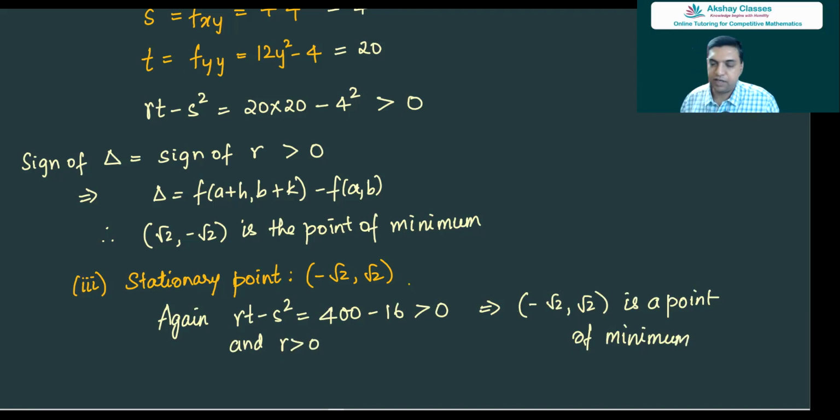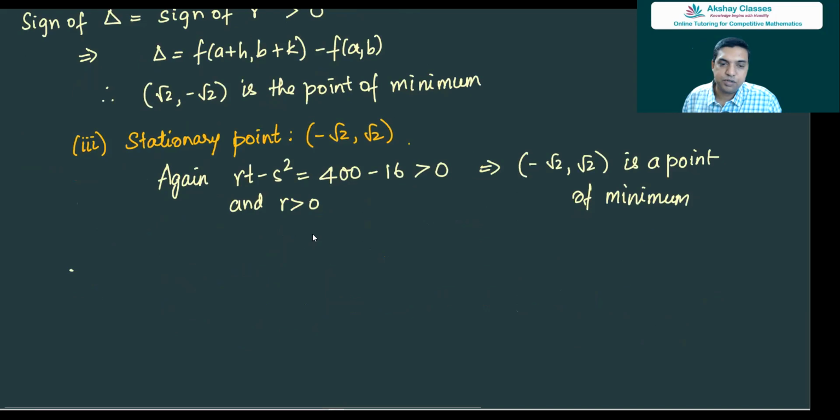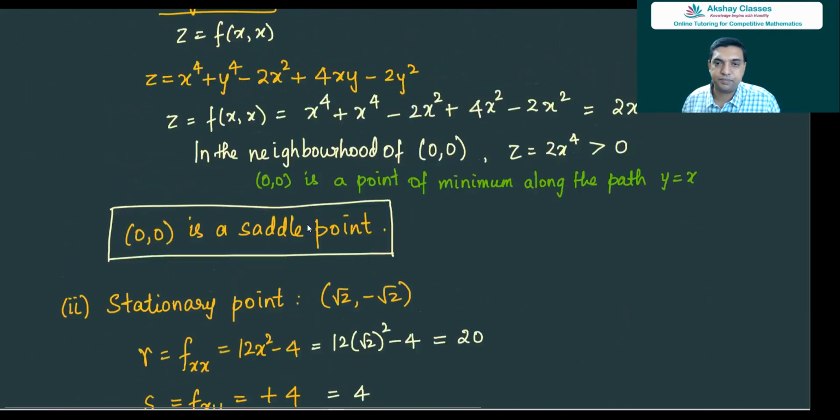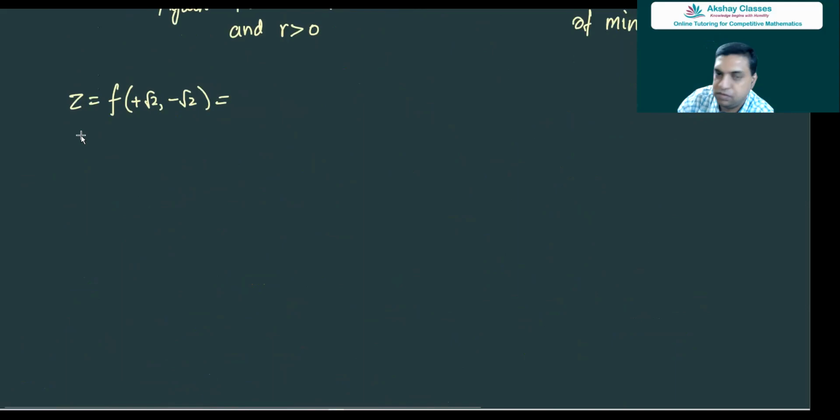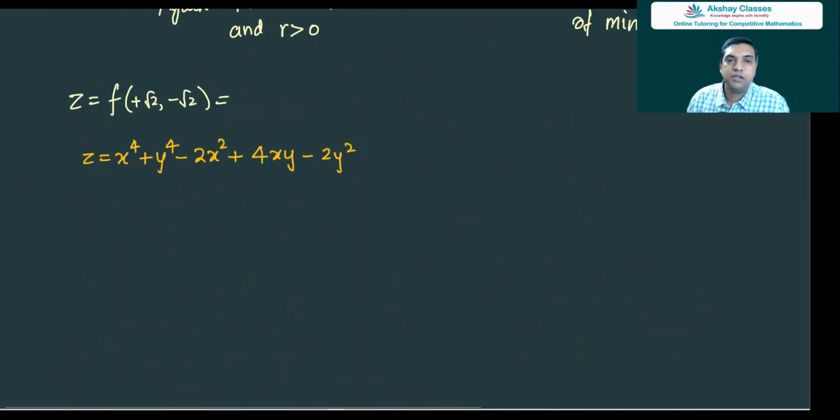So the minimum value we can find out. Z is equal to f(root 2, minus root 2).